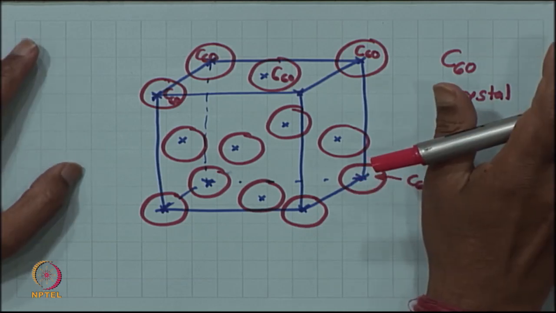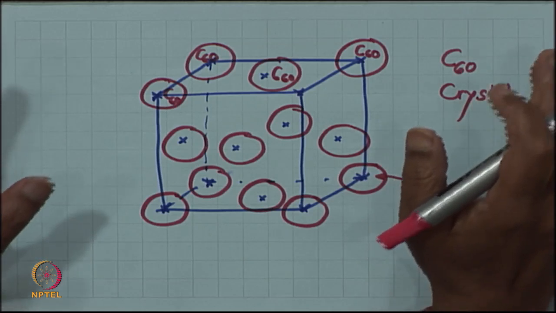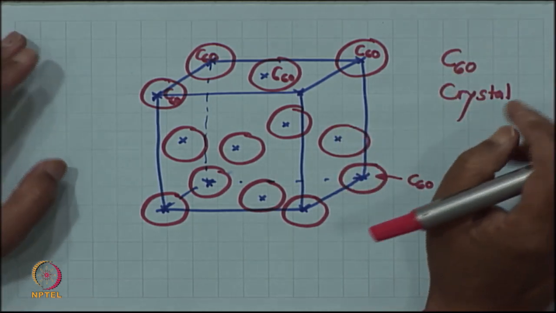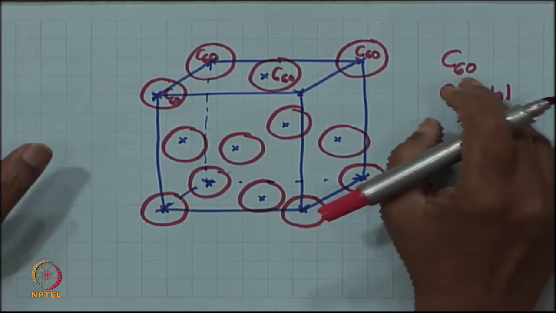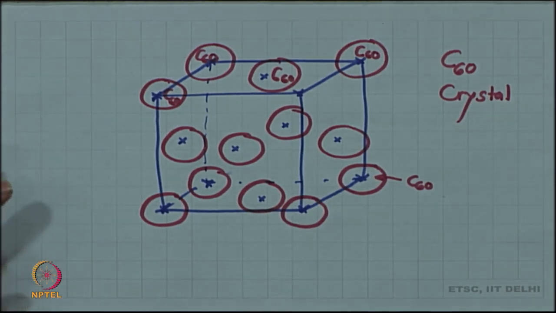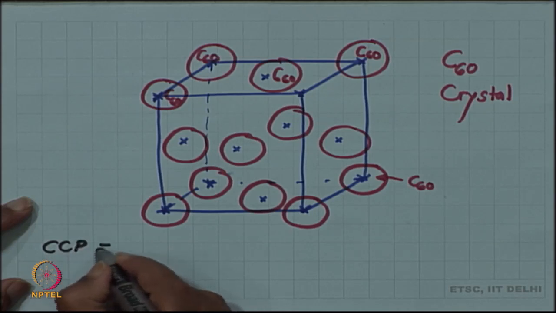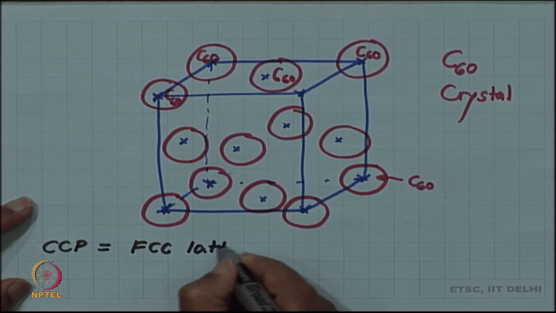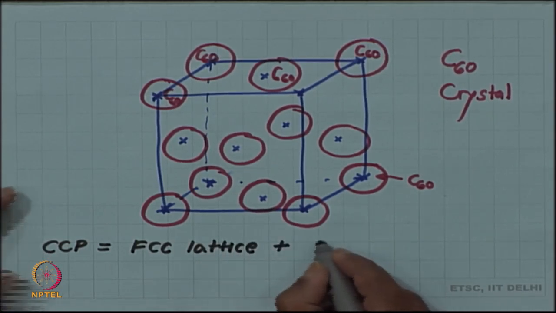So, the CCP structure and the C60 solid share the same lattice, but they are still very different crystal structures because their motifs are very different. CCP has a single atom motif. So, if I write that down for you, CCP also has an FCC lattice, but the motif is one atom at each lattice point.